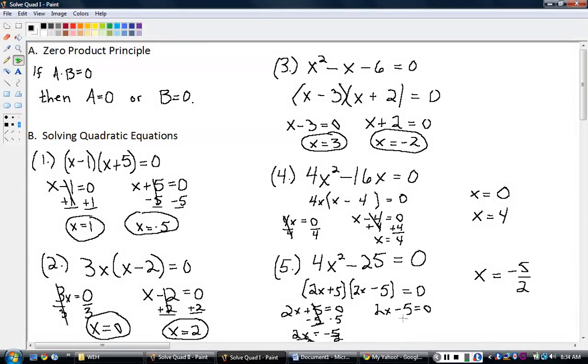Okay, and then solve this. I'm going to add 5. So 2x equals 5. So I get a very similar answer, right? And then I divide by 2, so I get positive 5 halves. And those are my two answers for number 5.